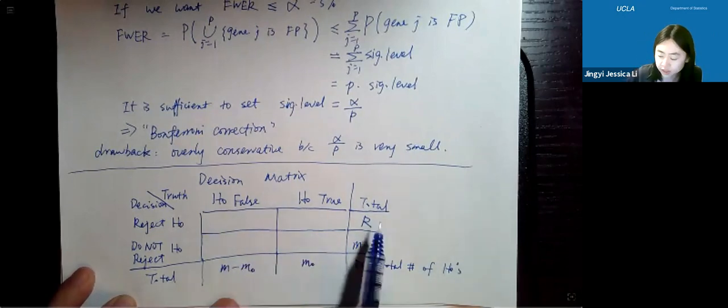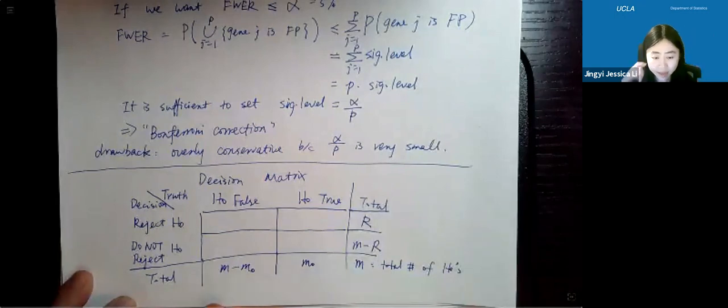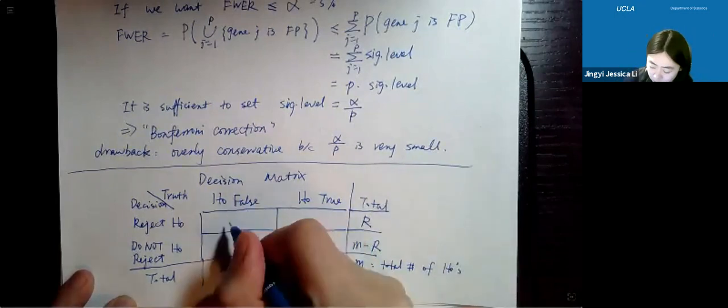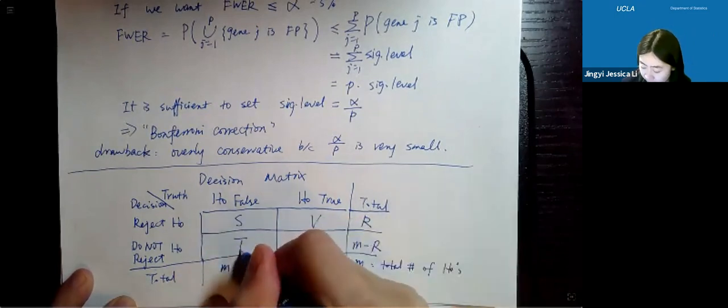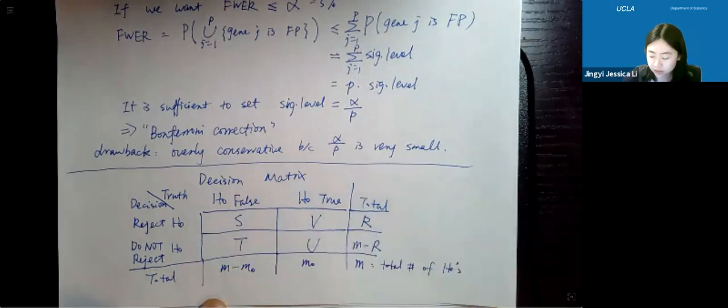So we have these totals here. Then we give a notation for each entry: S, V, T, and U. This will help us with our later discussion.